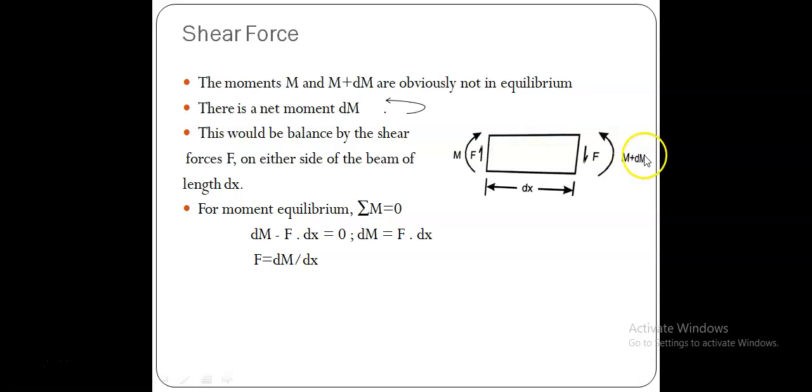So for moment equilibrium, sigma M equal to 0 gives dM minus F into dx equal to 0, or dM equals F into dx, therefore F equals dM by dx. Like that we can find the shear. The difference of moments at different locations with respect to distance is called shear force.